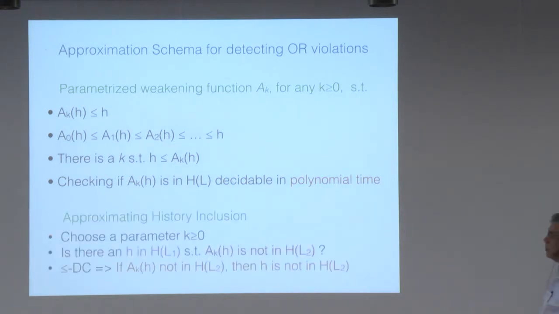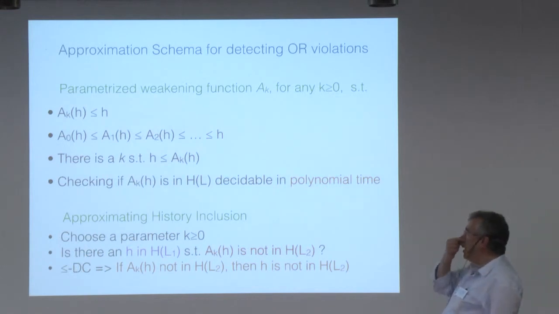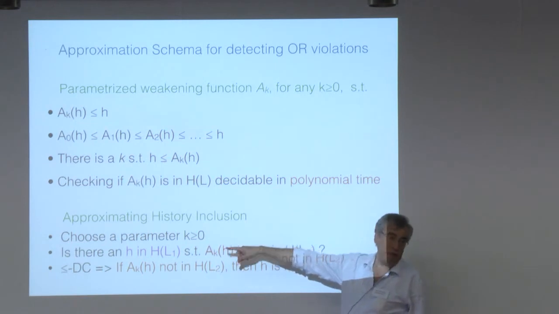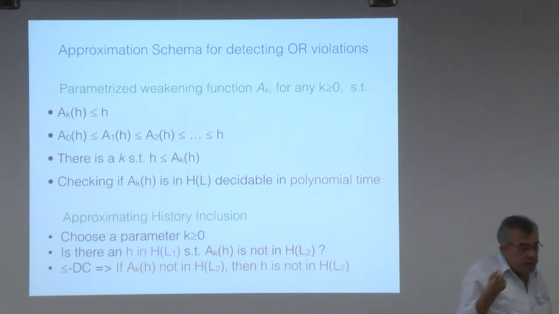So, why is this interesting? Because what we are going to do is to choose parameters and enumerate, let's say, the histories of the first library, and check whether they are not in the other one.